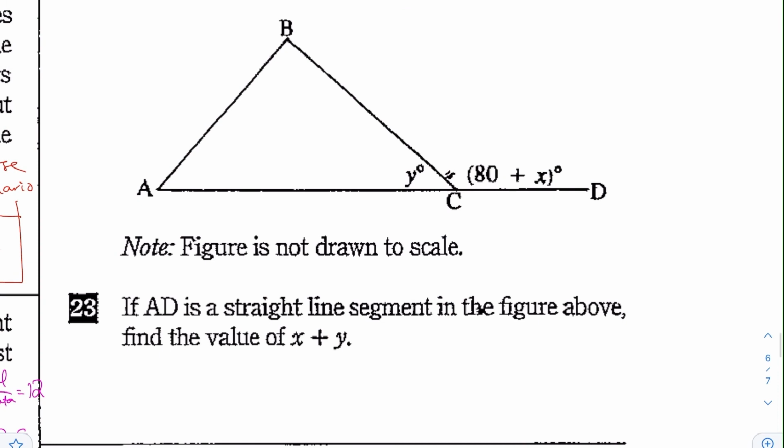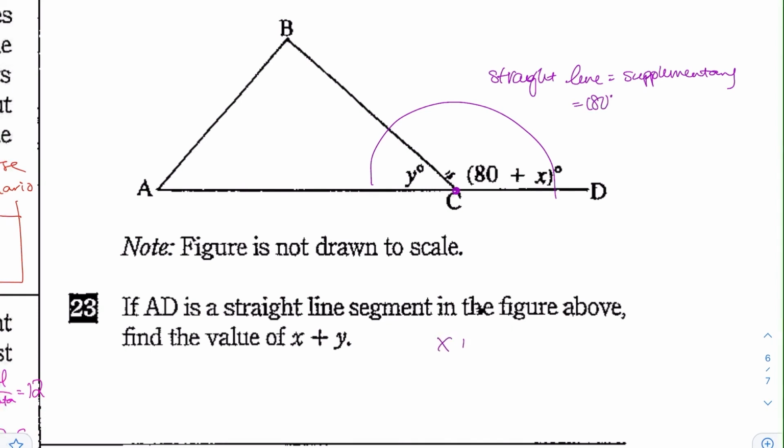Next, for number 23, if AD is a straight line segment in the figure above, find the value of x plus y. So a straight line around angle C means that this is a straight angle, or that they are supplementary. And because they're supplementary, it means that they add up to 180 degrees.